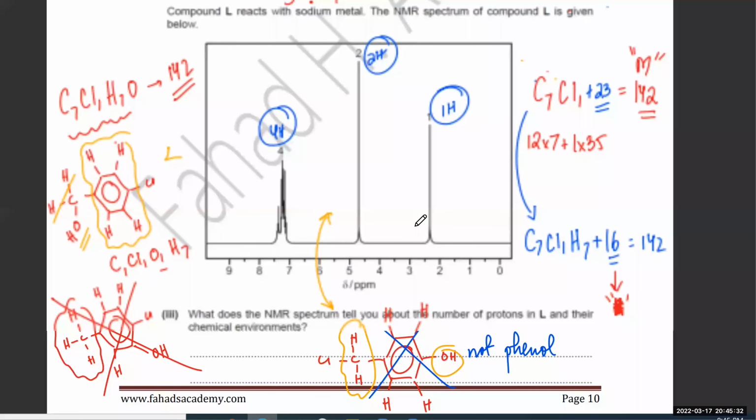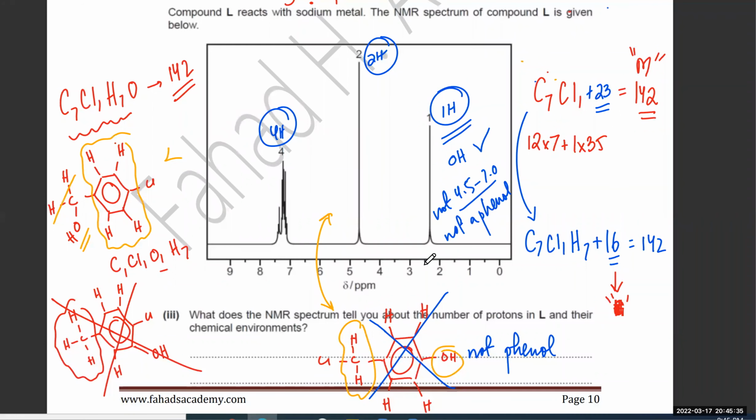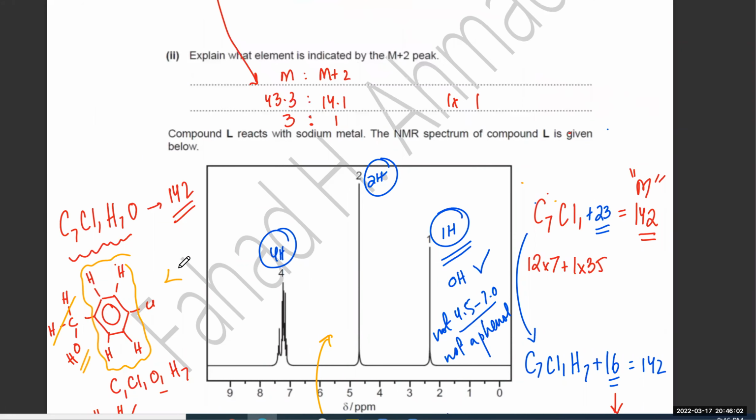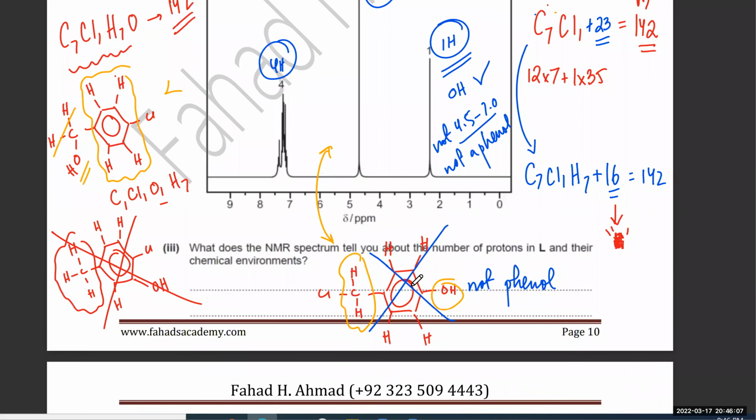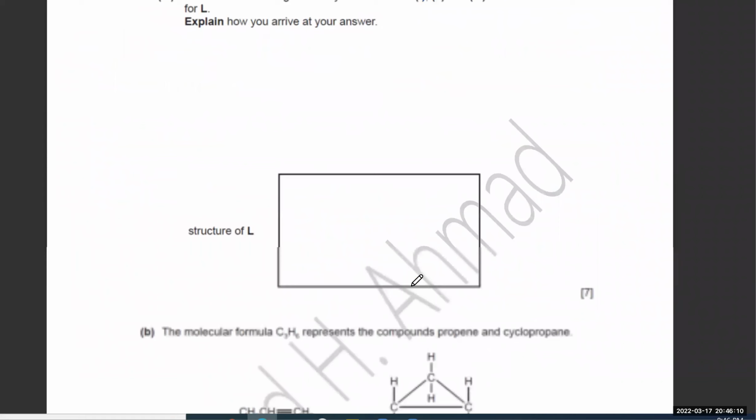The way it's going to be answered is you're going to state that the chemical shift value at 2.2 represents an OH, which is part of an alcohol. The chemical shift at 7 represents 4 hydrogens in the benzene ring, right? And the chemical shift at this 2H is the CH2, so it represents a CH2. So you combine them together and you give the structure. The 7 marks are for the total thing. So I think this last part would be probably for 3 or 4 marks. So make sure you quote those values and then you describe what the structure is.